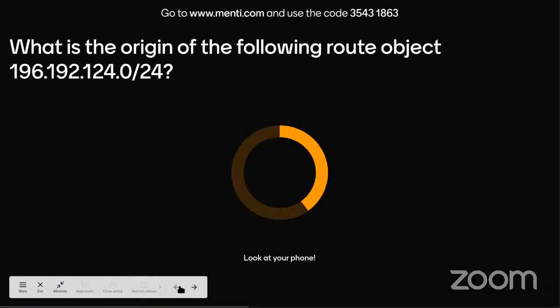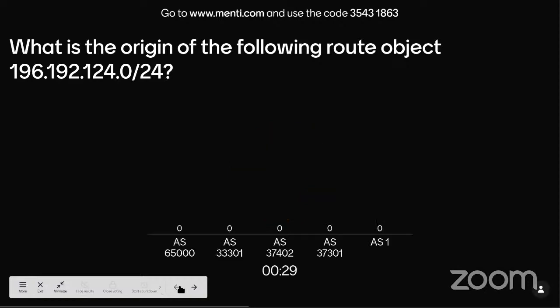The next question is, what is the origin of the following route object? Based on the information you can query on the AFRINIC IRR database, what is the origin of the following route object?